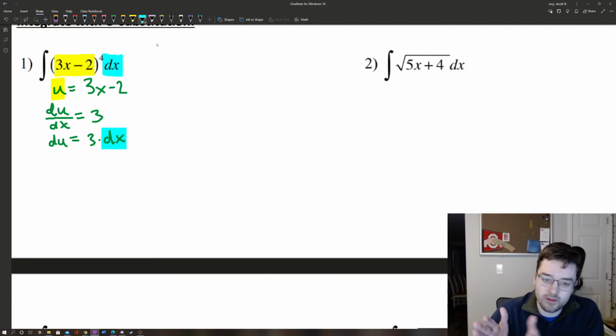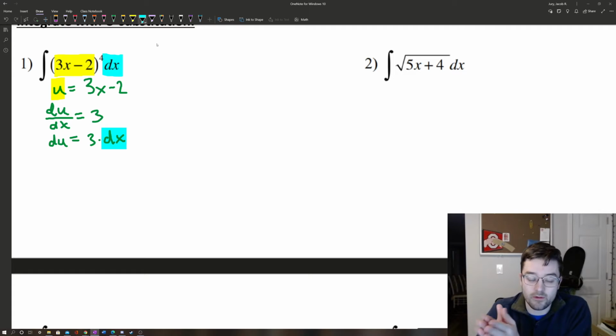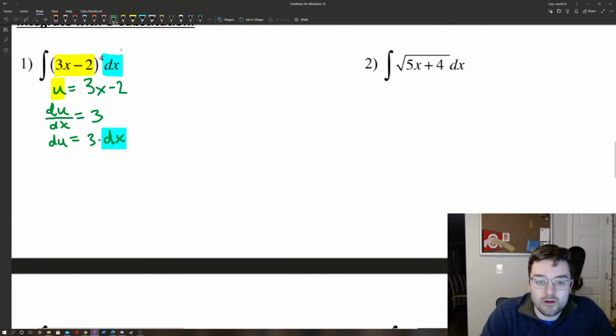So we'll just move the 3 that's paired with dx away from it. So this will substitute with 1/3 du equals dx.